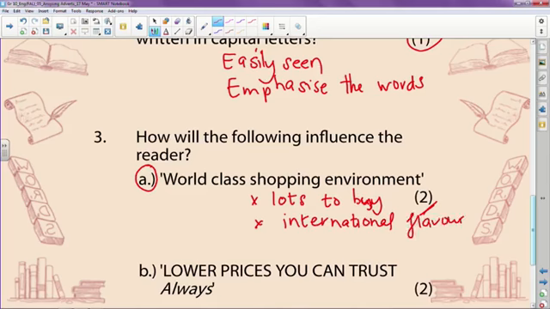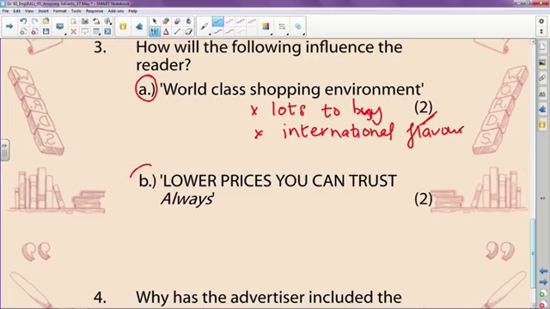Okay. And then B, lower prices that you can trust always. Well, this obviously taps into our desire to save. So we can expect savings. Perhaps we can even say something like we will expect sales.